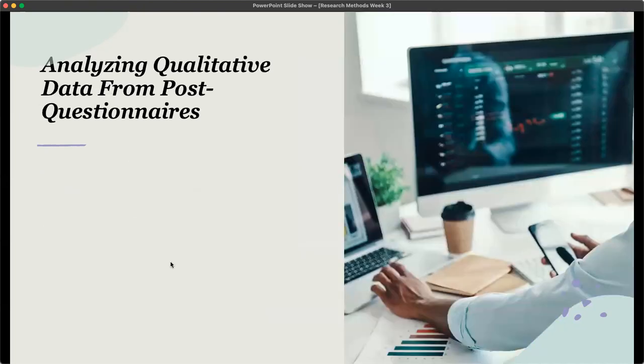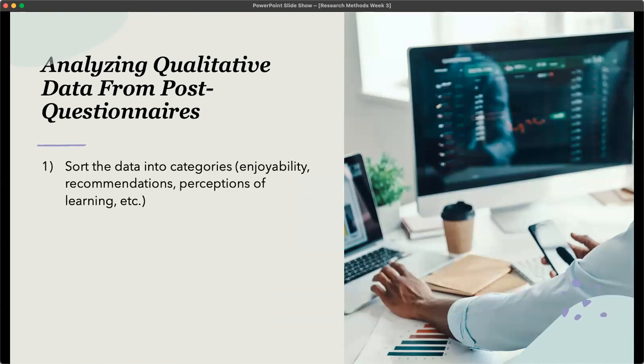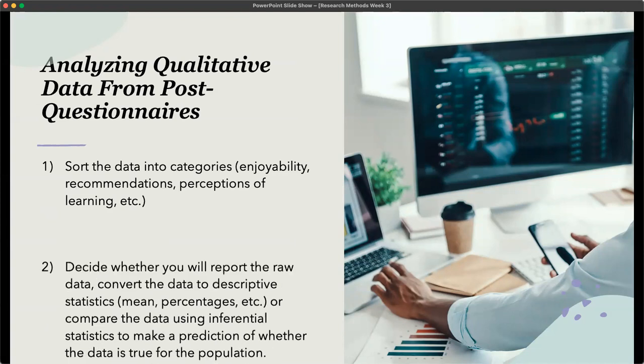Okay, now if we're analyzing qualitative data from post-questionnaires, instead of seeing the post-questionnaire data in the participant information, here we are going to sort the data into categories. So if we're looking at questions on enjoyability, recommendations, perceptions of learning, try to get them into categories, and you can write subheadings or subcategories in the results section for the qualitative data.